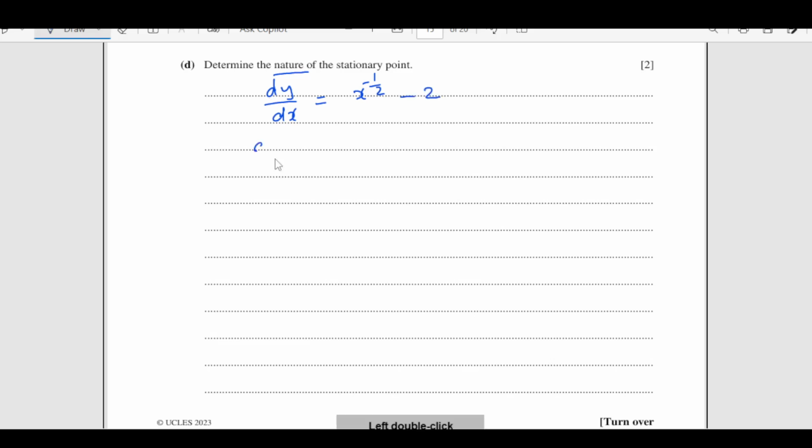Now, differentiate again to get d squared y over dx squared. This will be x to the power minus 1/2 minus 1, over minus 1/2 minus 1, minus 0, as the derivative of this is 0. So, this is going to be x raised to the power negative 3/2.